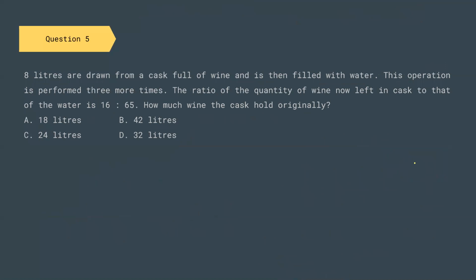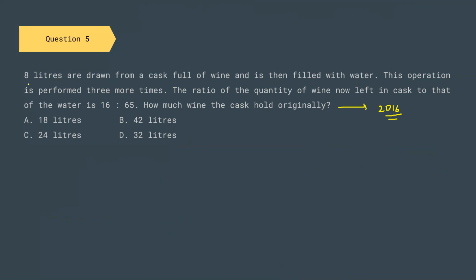So now let us go to the next question. This is a question from ratio and alligation, and this question was probably asked in TCS 2016 or somewhere like this. I don't remember exactly. So this is an actual TCS question. Let us try to solve this one.